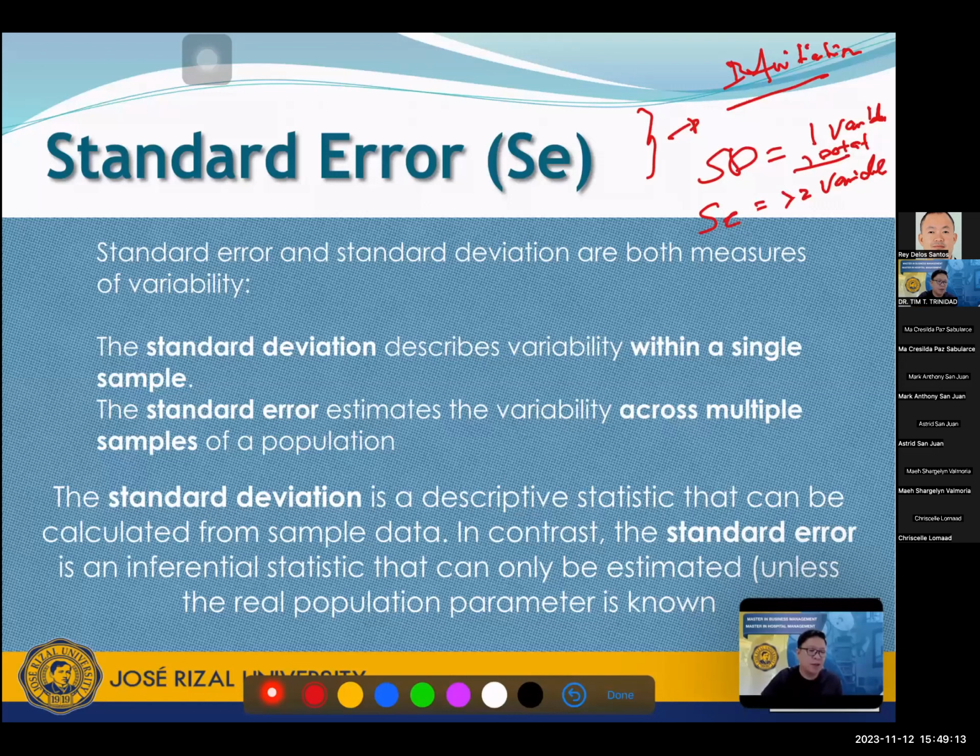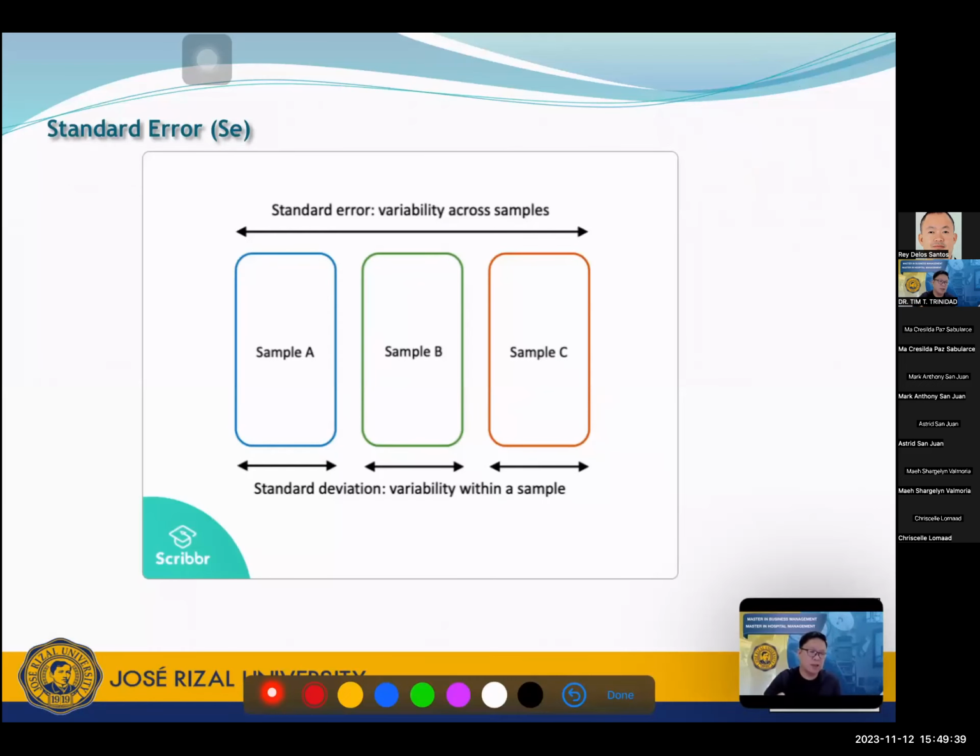Okay? Standard error and standard deviation are both measures of variability, because later you will see the calibration will also be the same. The only difference is the standard deviation describes the variability within a single sample, while your standard error is across multiple samples. So it's like this.